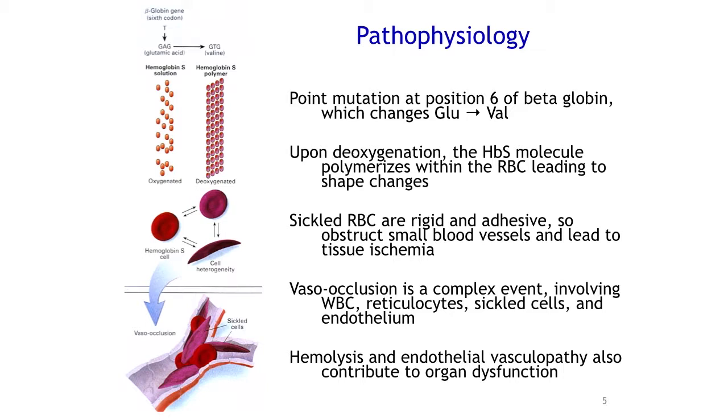As a result, the major hallmark of the pathophysiology is the blockage of the smaller vessels, as the sickle-shaped red blood cells clog. When they become rigid, they also become sticky, and so they cause that blockage, or vaso-occlusion, which presents in different forms as pain, cerebral vascular accidents, stroke, or organ dysfunctions.